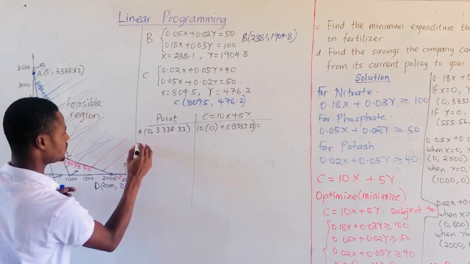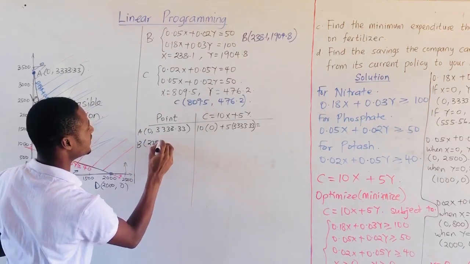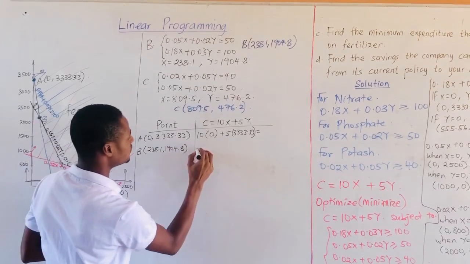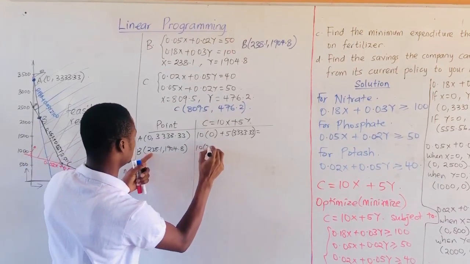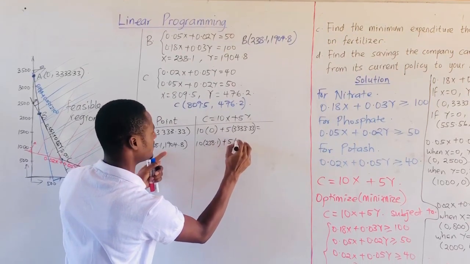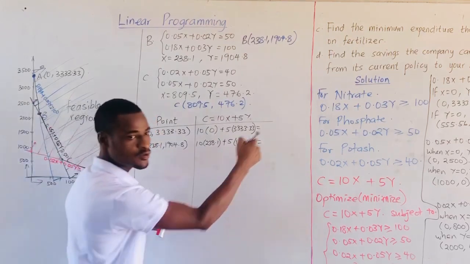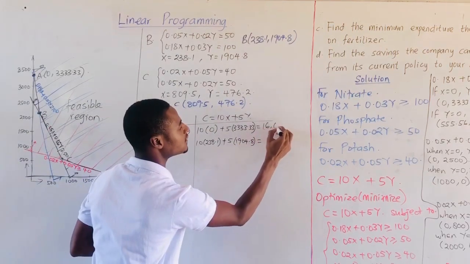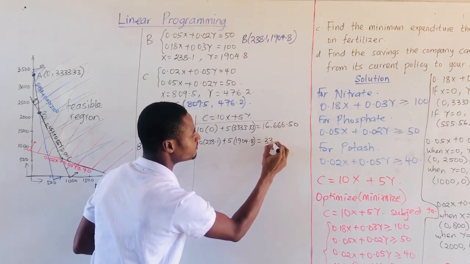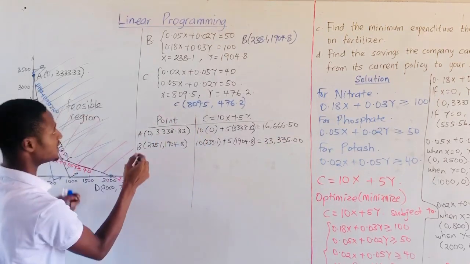This will be equal to our point B, which is (238.1, 1904.8). So 10 times this plus 5 times, and that gives us the first one, then the second we have, you can always use a calculator.